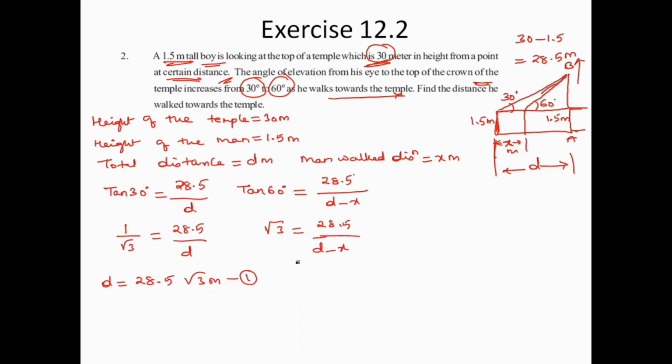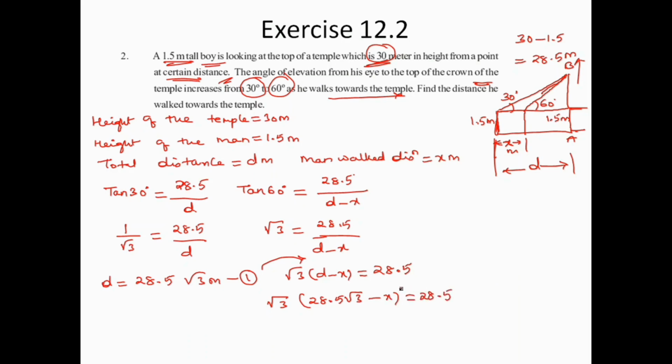Okay, now as I am doing a cross multiplication here, I have left with root 3 into d minus x is equal to 28.5. Now I need to substitute the value of d in this equation so that the equation comes out: root 3 into (28.5 root 3 minus x) is equal to 28.5 meters.